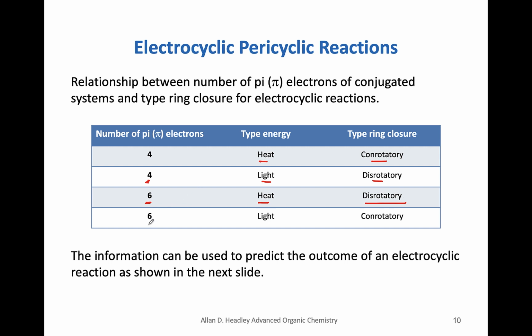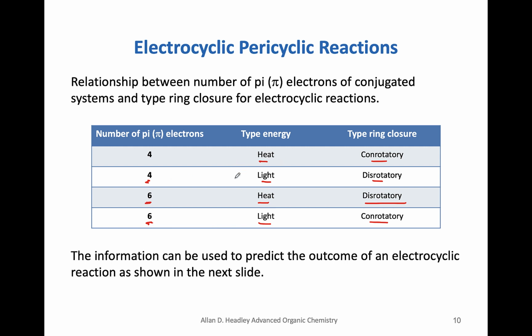And of course, if there are 6 electrons in the presence of light, remember that light will promote one electron from the HOMO to the LUMO to get the excited state. So we have a new HOMO based on that excitation, and that ring closure would be a conrotatory ring closure.